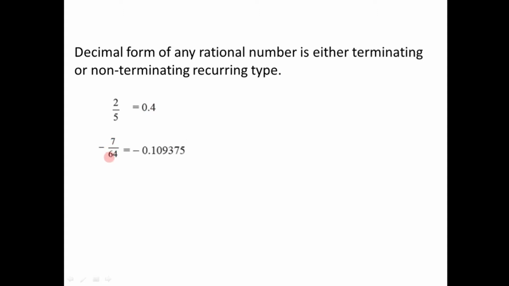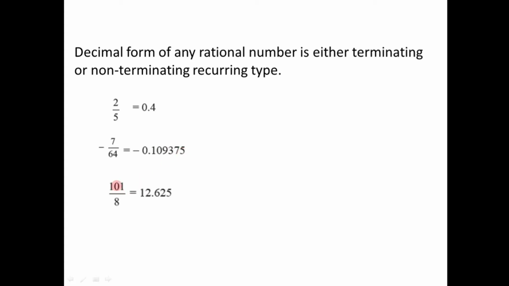Suppose we have minus 7 by 64, and if we divide 7 by 64, we get the answer minus 0.109375. So here also this division process ends. That is, at the end of division we get the remainder 0.